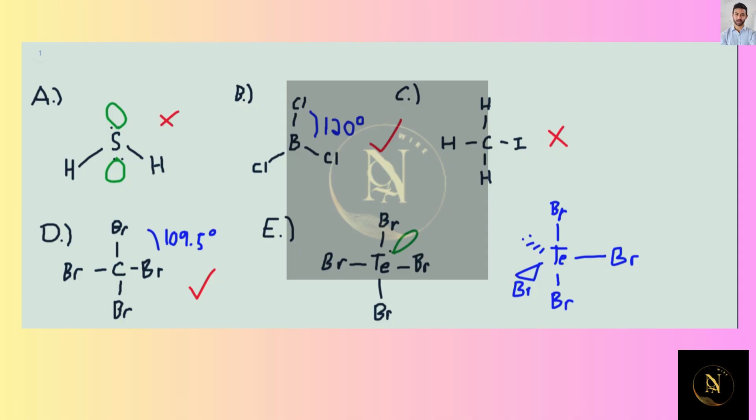Remember, in trigonal bipyramidal, these three are in the same plane with each other, forming this triangular plane. This bromine and this bromine are above and below our tellurium respectively. The lone pair is going to be in the equatorial plane, this triangle right here.